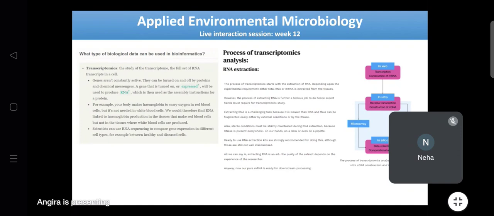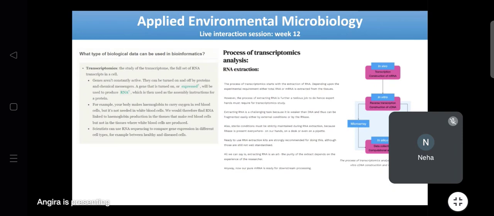Now in our body, hemoglobin carries oxygen in red blood cells, but that is not needed by white blood cells. So RNA linked to hemoglobin production in tissues that make red blood cells will not be present in tissues which make white blood cells. So basically the transcriptome of white blood cells will be different from that of red blood cells.